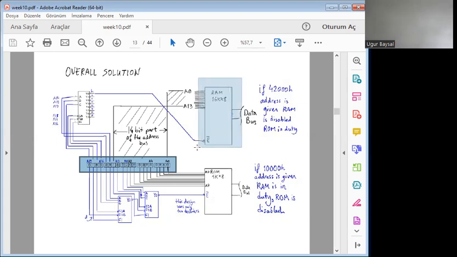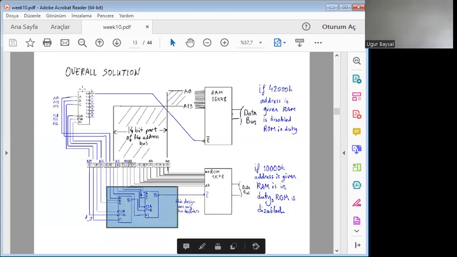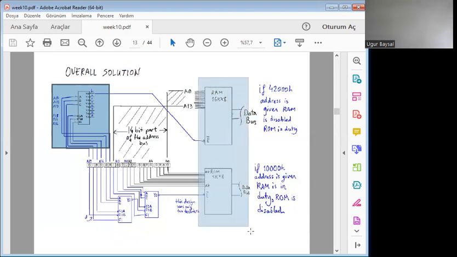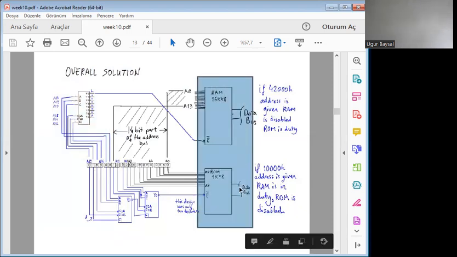Our RAM and ROM are shown with the associated control circuitry. Now, as a cumulative representation, you see 3 decoders for 2 memory components, and the outputs of both memory components are connected to the data bus.